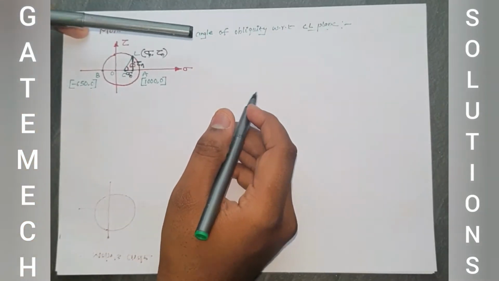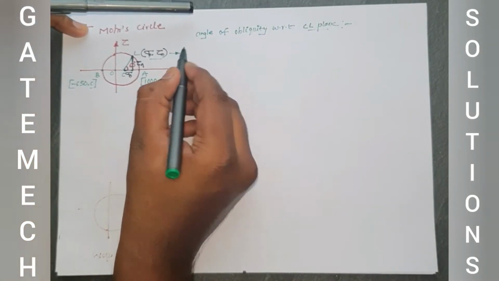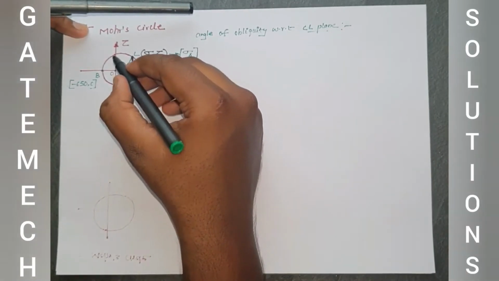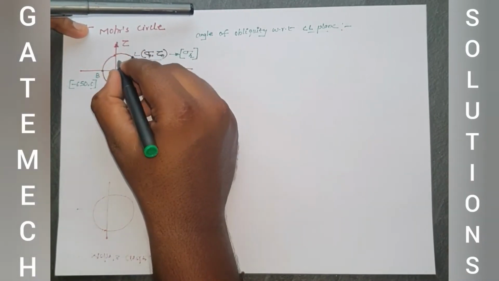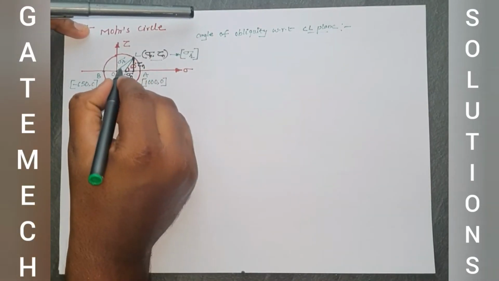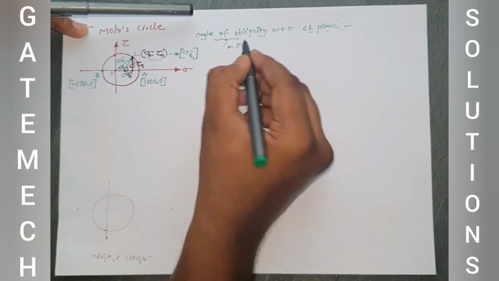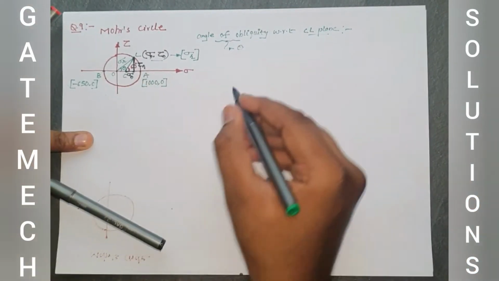Now, by taking these two, there is a possibility to calculate resultant stress. The resultant stress line seems to be like this, passing through origin, sigma r, that is making an angle with respect to horizontal is theta. So angle of obliquity is exactly defined as the theta value. So this triangle I am going to draw again.